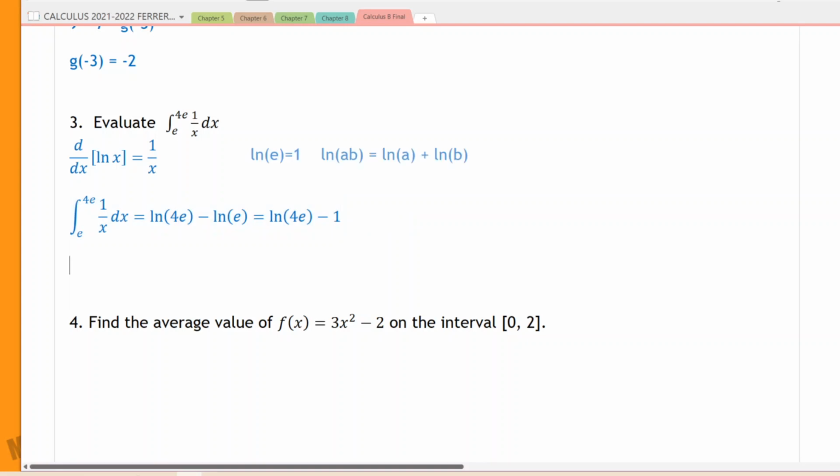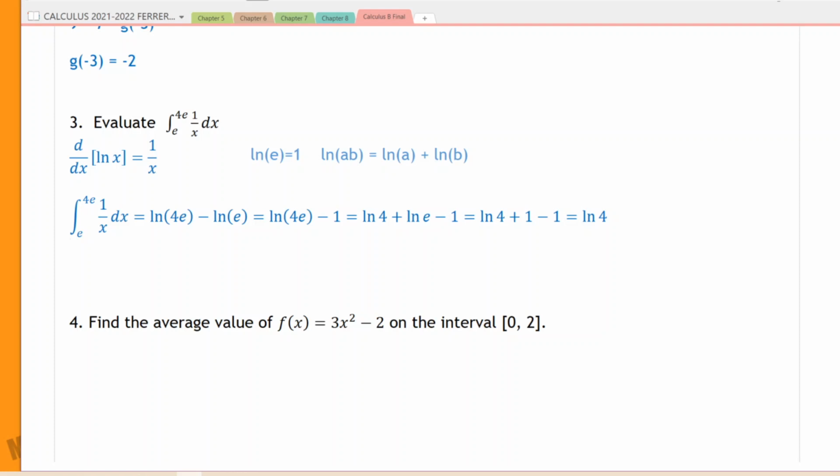The next identity that we should use here is that the natural log of a times b is the natural log of a plus the natural log of b. Applying that rule to the natural log of 4e, we get that the integral from e to 4e is the natural log of 4 plus the natural log of e minus 1.